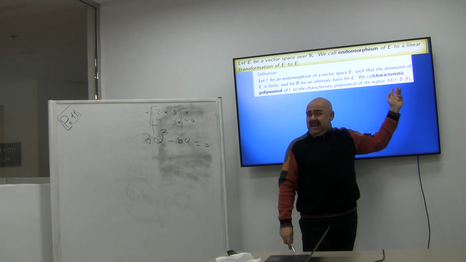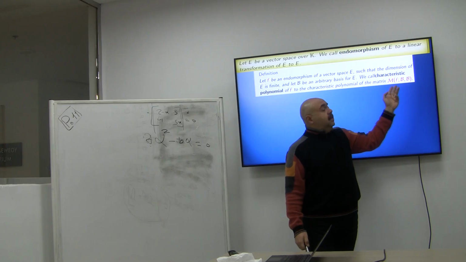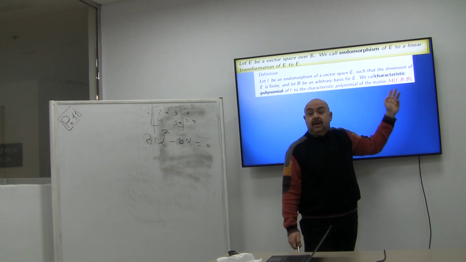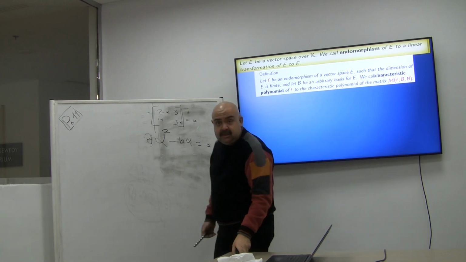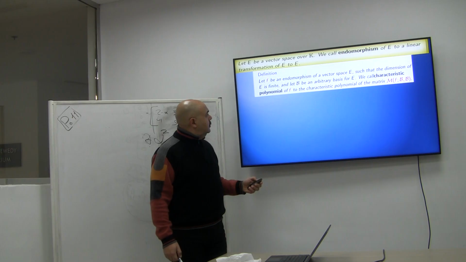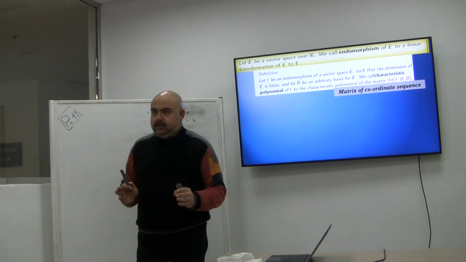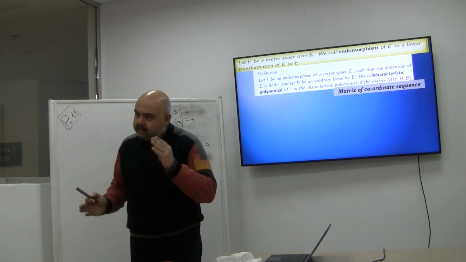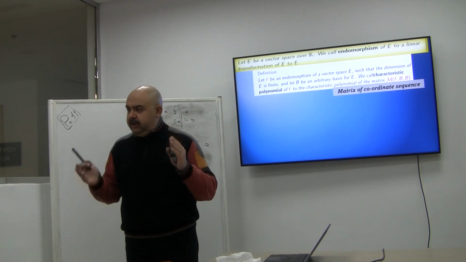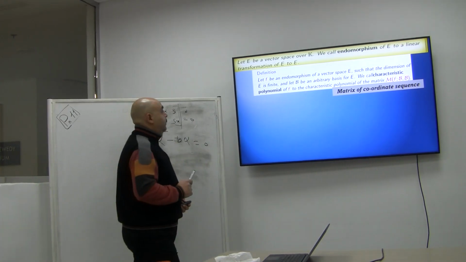What is this matrix? The matrix of F from B to B. This is the matrix of coordinate sequences, which is responsible for moving from a linear transform into the identity linear transform. This is the matrix I am talking about.